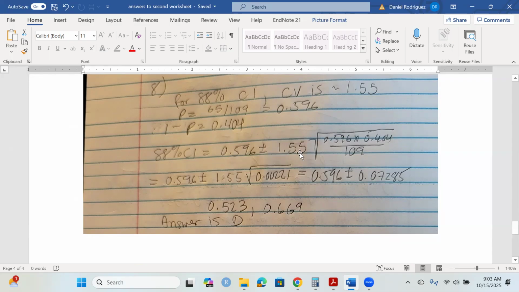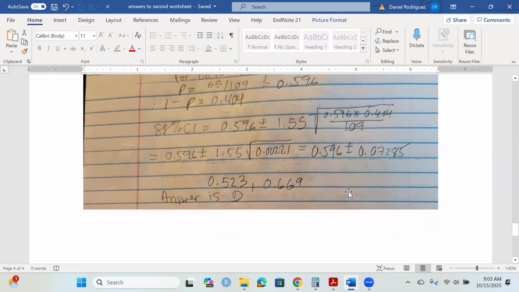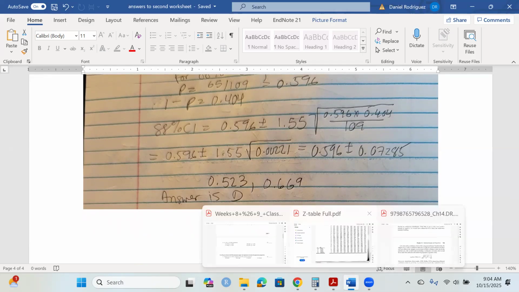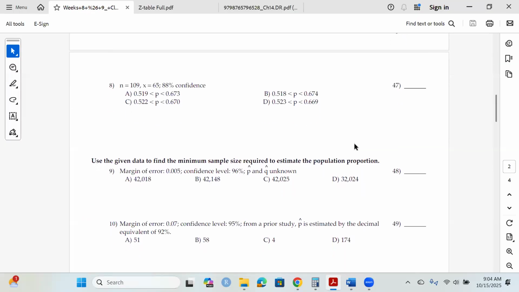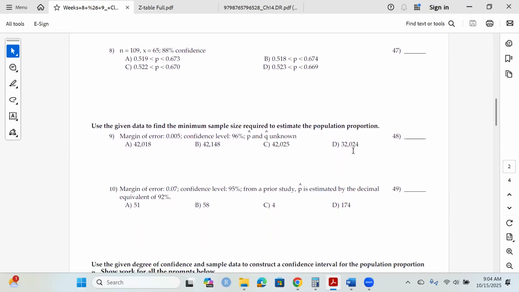That's our z value here, times the square root of p times 1 minus p over 109. And I get 0.523 to 0.669. Here it is. D is the answer.